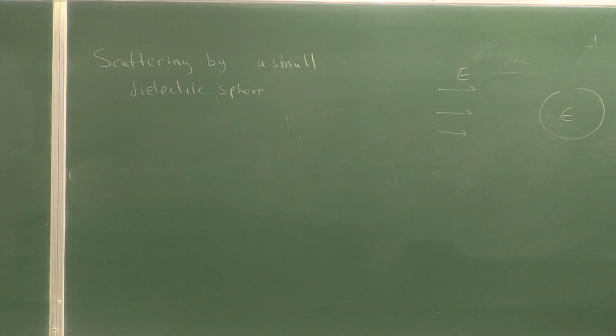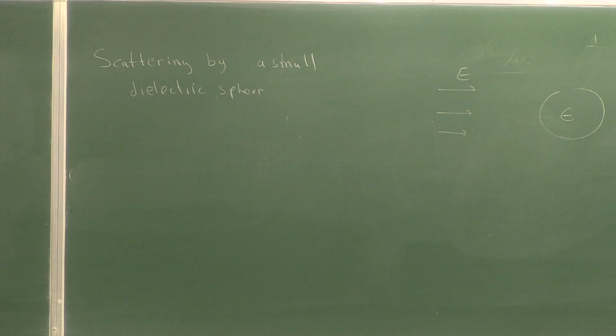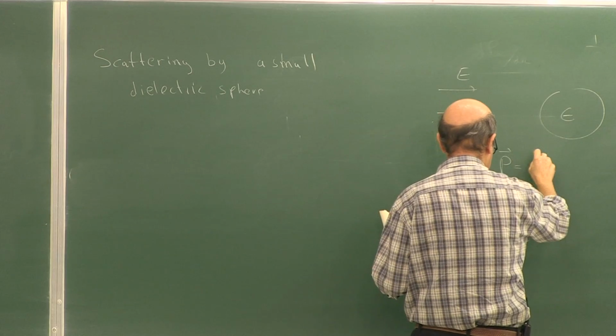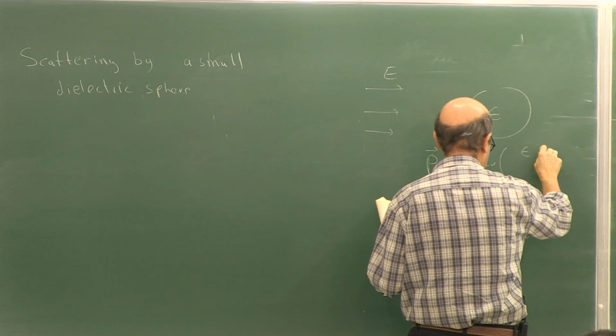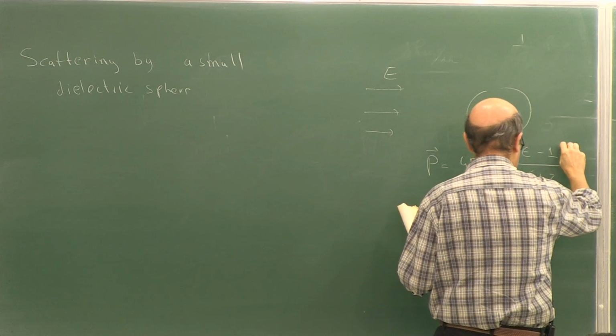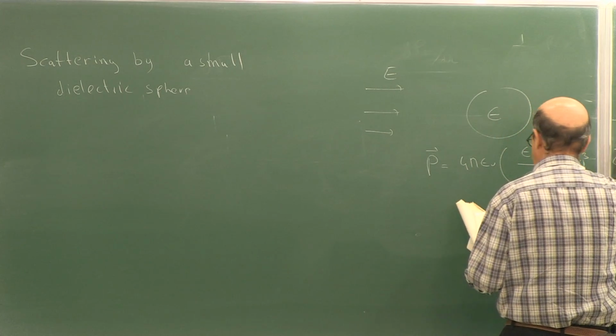And the polarization you obtained was the following. P was equal to 4 pi epsilon 0 (epsilon minus 1)/(epsilon plus 2) a cubed E incident. So this is a separate problem.